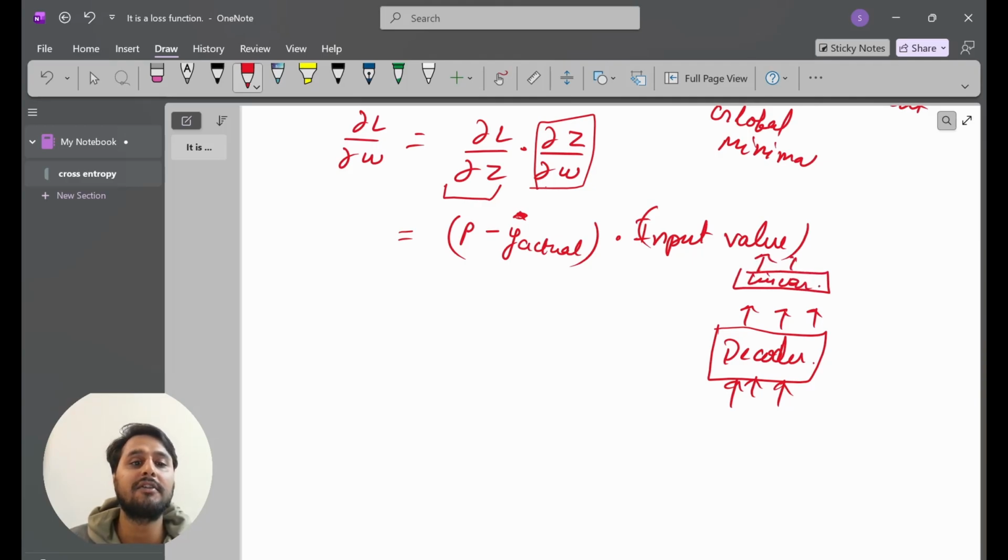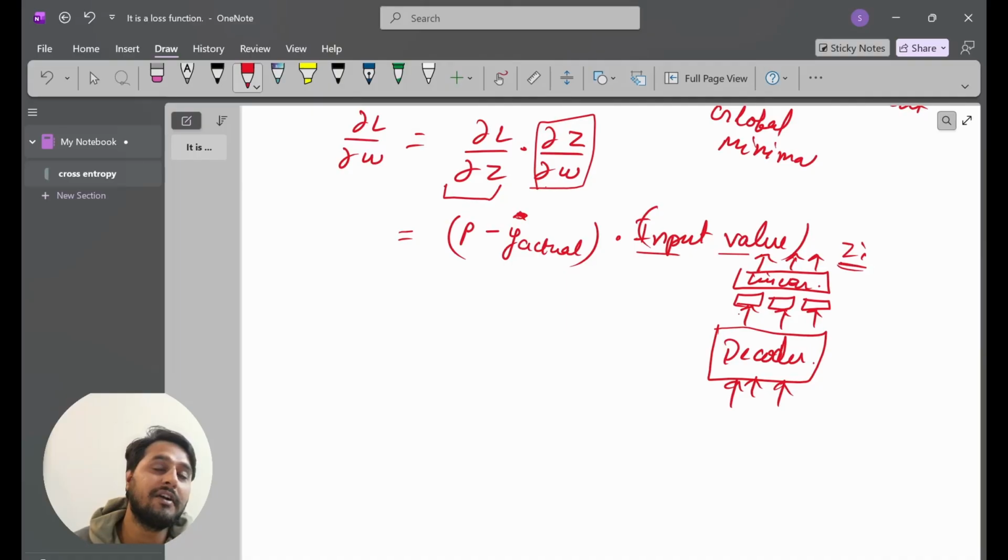The linear layer will give us logits, Z. The output vector at this point is the input of the linear layer, and I am referring to the input values here. Why? Because what is Z? The logits.